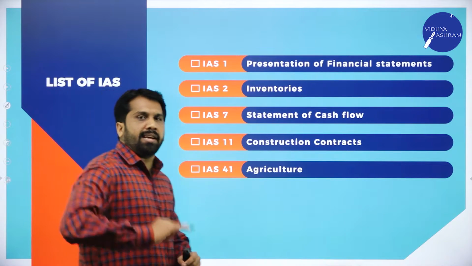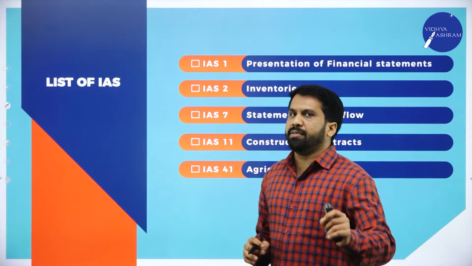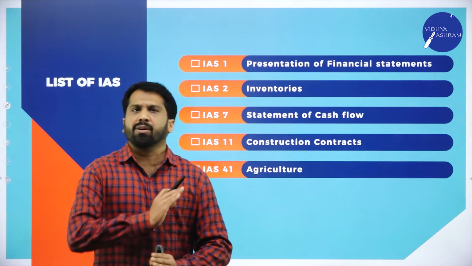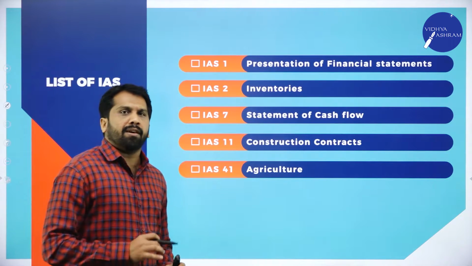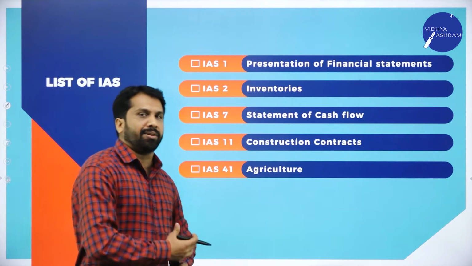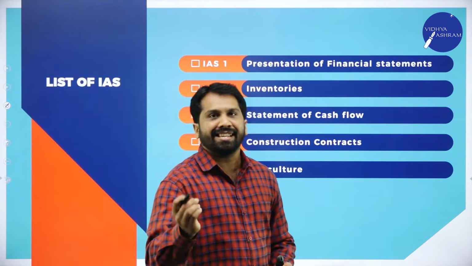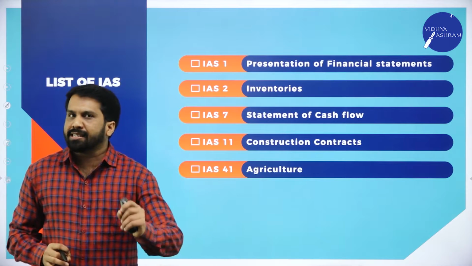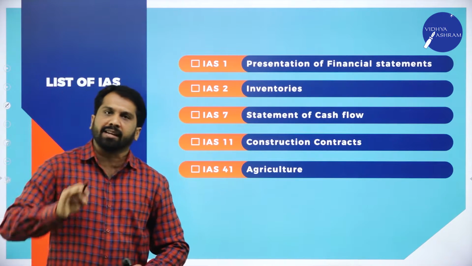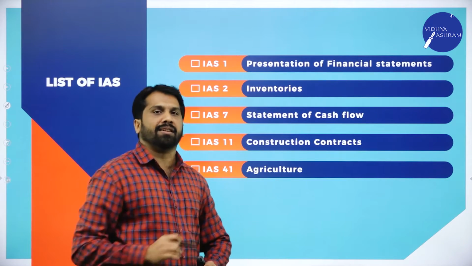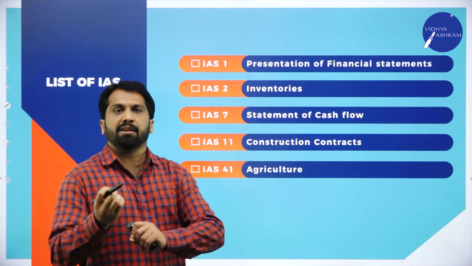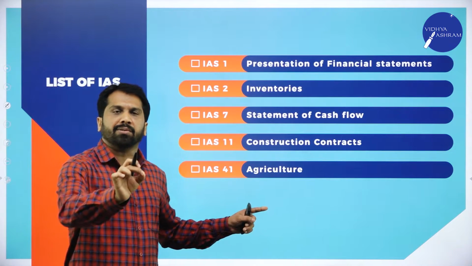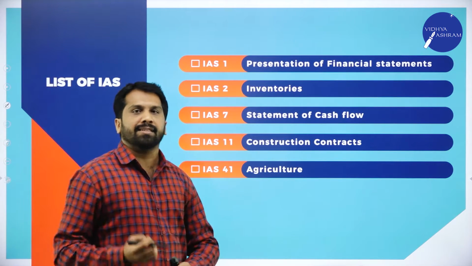Now, same logic as I told you. Even though there are 41 Indian Accounting Standards, no need to remember all 41. If you are planning for CA, Chartered Accountant, CS, Company Secretary, CMA, Certified Management Accountant or Cost Management Accountant, or any professional courses, then you have to remember all the accounting as well as IFRS standards.